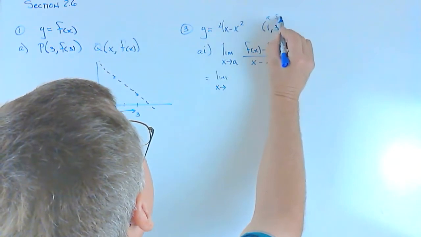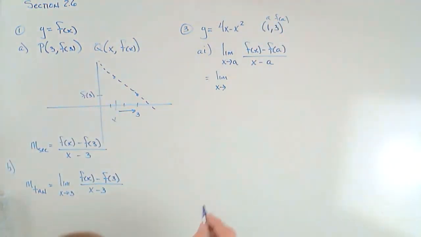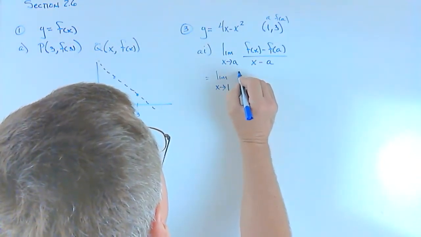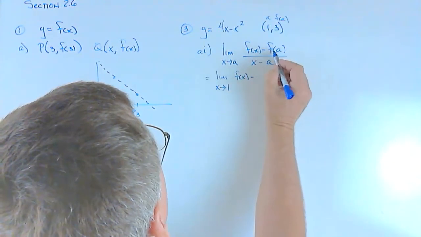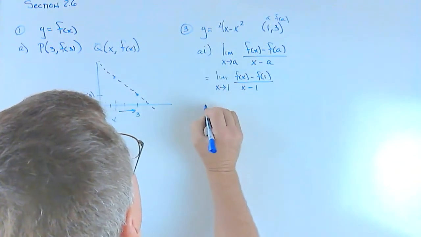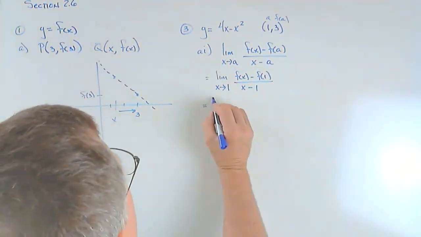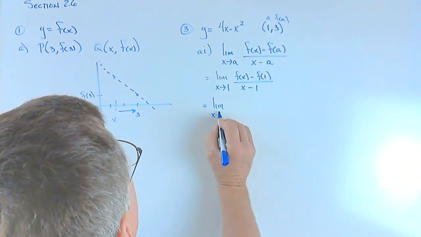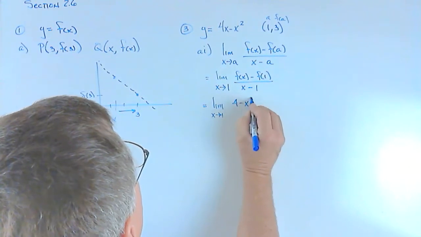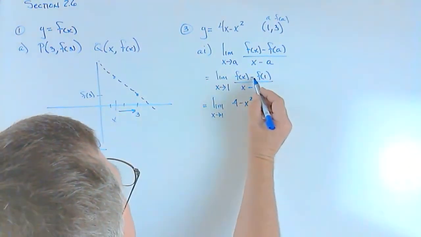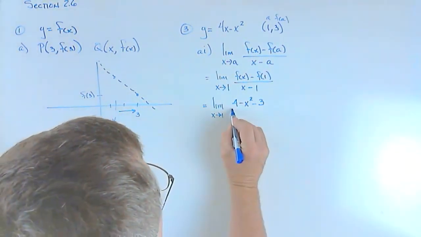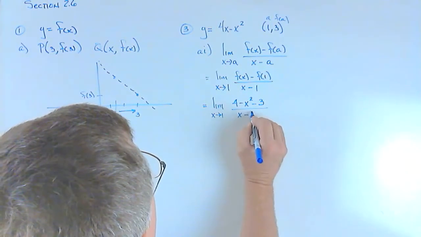Remember, that's f of a. So our x is going to approach 1, and we're going to have f of x minus f of 1 over x minus 1. And we can substitute in values, right? Because we have a value for f of x. So this is going to be the limit as x approaches 1. f of x is 4x minus x squared, minus f of 1. f of 1 is 3. And that's going to give us on the bottom x minus 1.